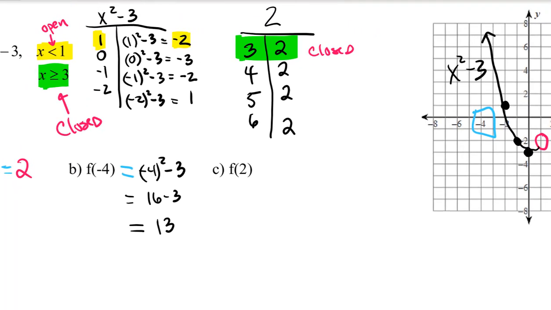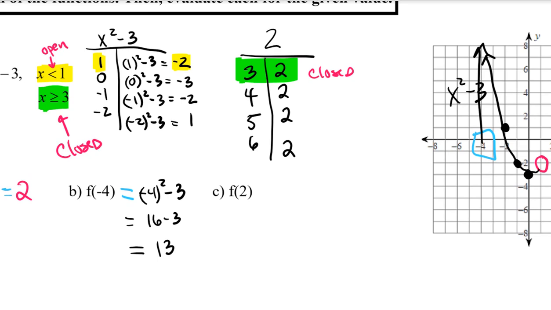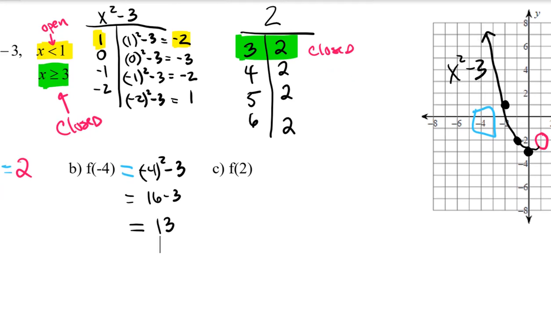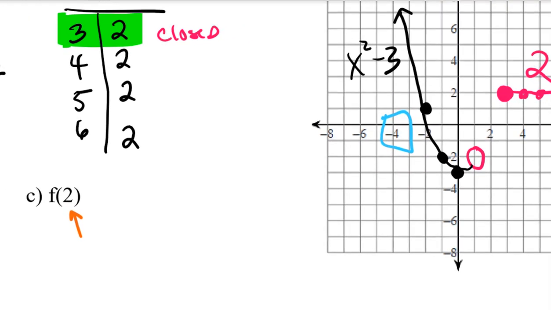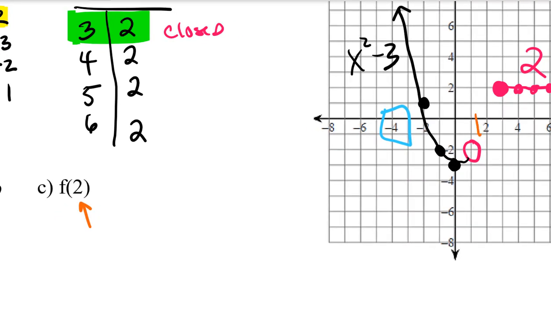If we look at our picture, that makes sense because we'd go way up on the y-axis until we get to 13, and that would be another point on that function. So our very last one, a tricky one right here. Check out this guy, 2. If I look on my picture, where is 2 located? 2 is located right here.